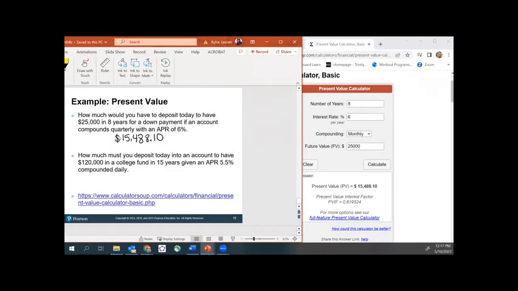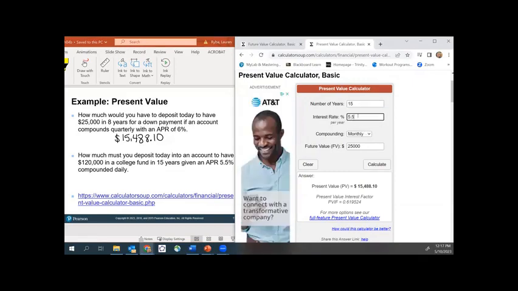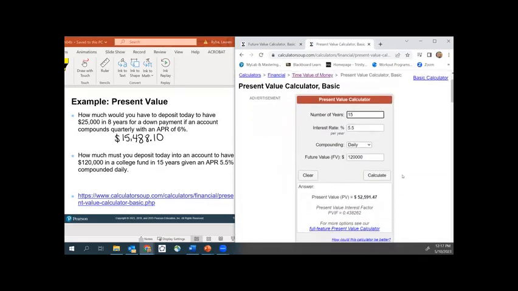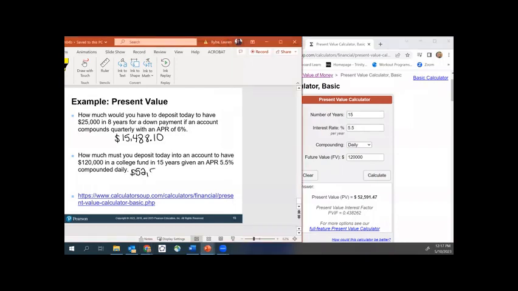And then we can do this last one here. How much must you deposit today into an account to have $120,000 in a college fund in 15 years if you have an APR of 5.5% compounded daily? I have 15 years, 5.5%. We're going to go daily, and I want to reach 120,000. All right, so what I would need today would be $52,591.47.